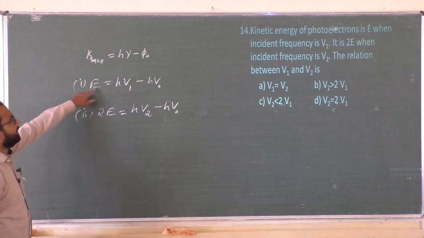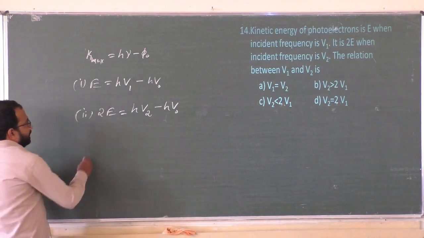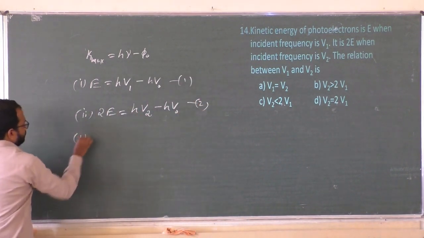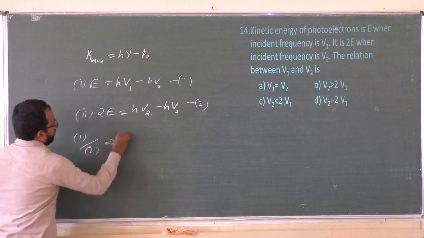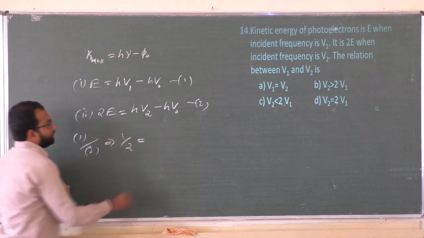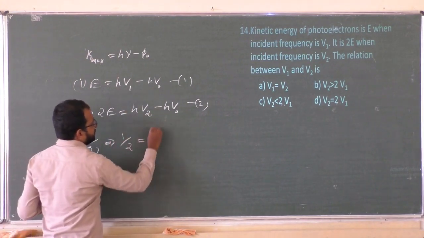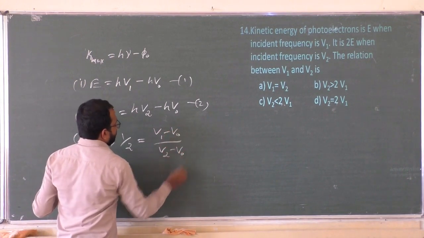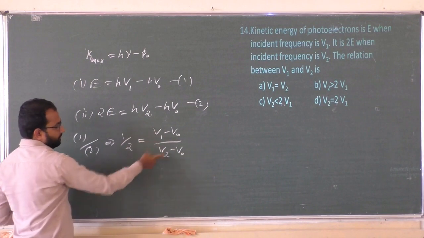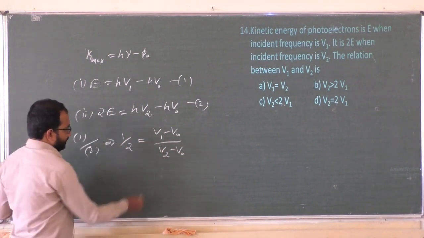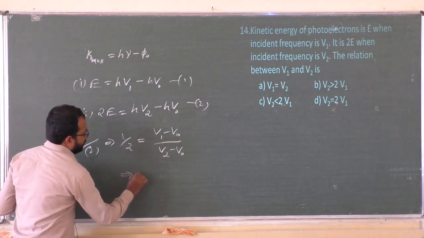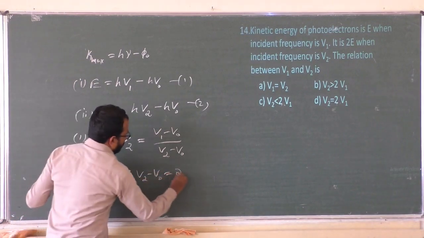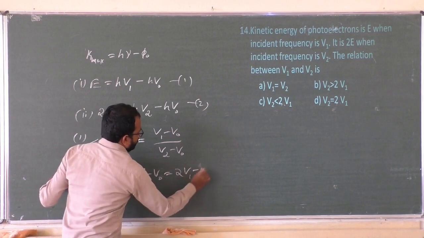So just divide, cancel E here. Dividing equation 1 and 2, you will get 1 by 2 is equal to V1 minus V0 by V2 minus V0. H is common here, so it gets cancelled. So therefore V2 minus V0 is equal to 2V1 minus 2V0.